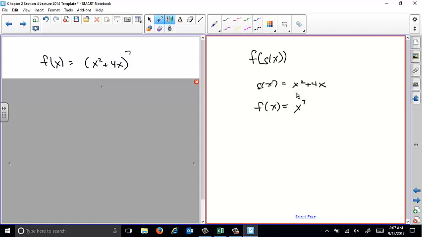So what you do in a composite function is you substitute this function in for the variable. So f of g of x equals x squared plus 4x to the 7th power.